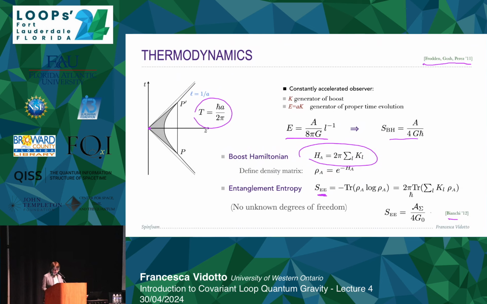Again, using this boost Hamiltonian and performing a spin-foam computation, but bringing back the entanglement entropy and connecting it directly with the black hole entropy. So this is just a sketch of the many things you can do once you use this technology.